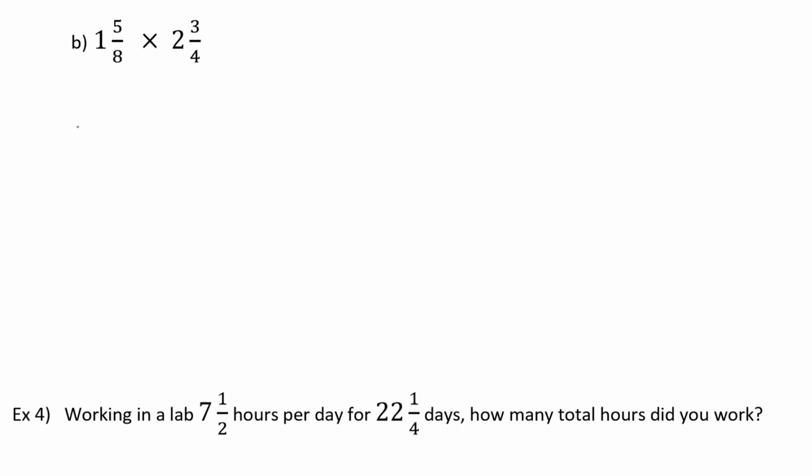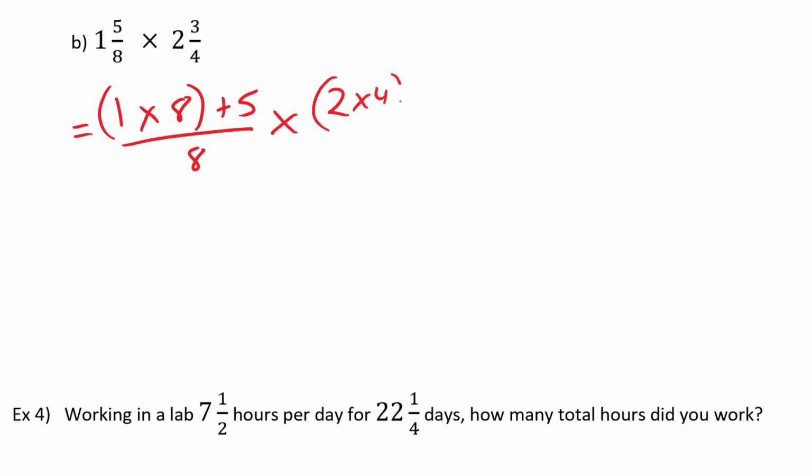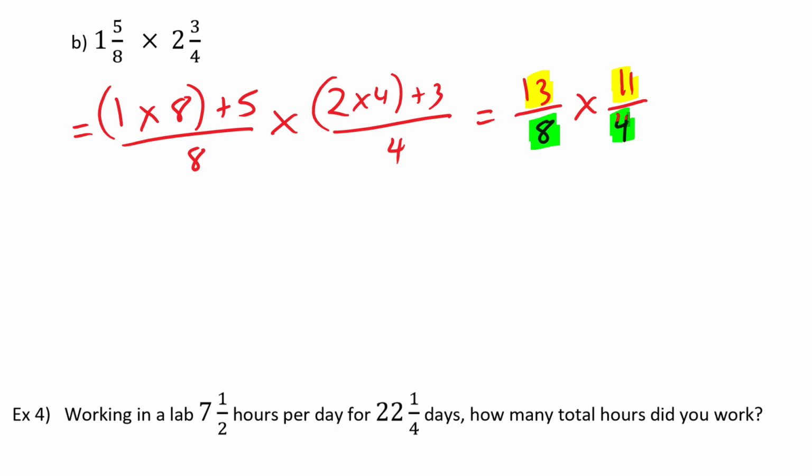B now. First thing you want to do is convert this from a mixed number to an improper fraction. Here we get 13 over 8, 11 over 4. Multiply the numerators, multiply the denominators.